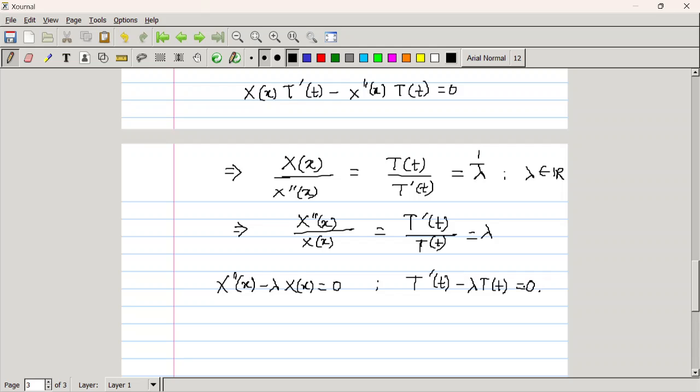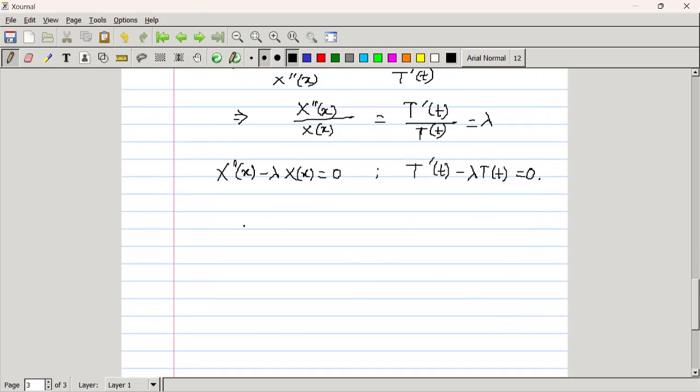What you finally get is the solution for w, that is w(x, t), as a summation. You have to find eigenvalues and so on, which you can find in the lectures. You get the function X_n(x) T_n(t), where n goes from 1 to infinity. This is the method of separation of variables.